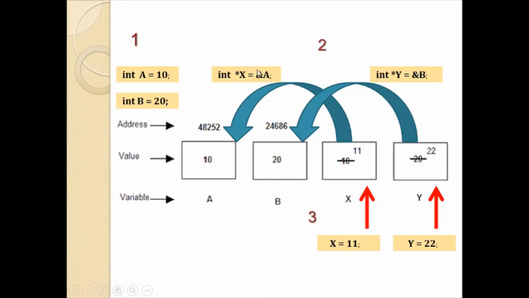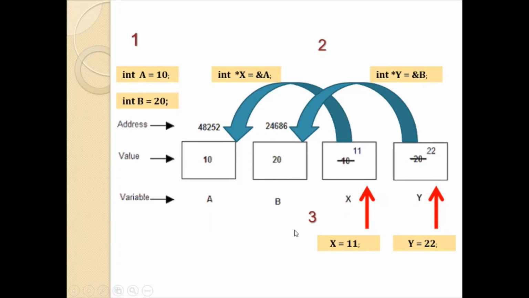Here you have stored address of A in pointer X and address of B is stored in pointer Y. Means what? This X is pointing to the address or memory location of A and this Y is pointing to the memory location of B. When you store this address, these variables will be pointing to the address of A and Y variable will be pointing to the address of B, that is memory location of B.